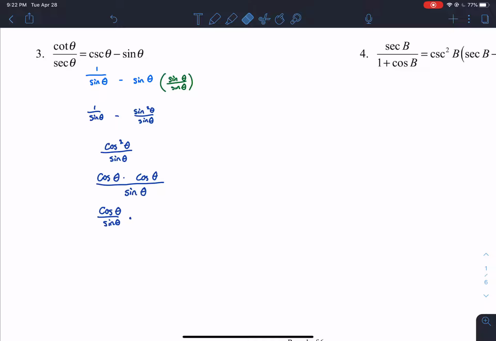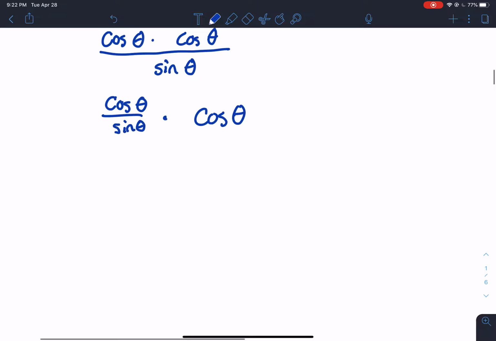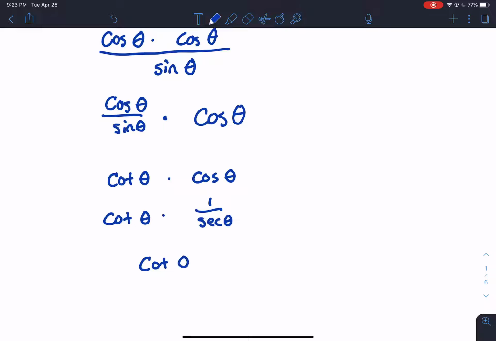You're left with cosine, because you've already used the sine term. Sorry. So cosine over sine becomes cotangent, and then you have cotangent times cosine. Now, you need secant there in the bottom. So what is cosine the same thing as? That's the same thing as 1 over secant. Now, if you put these together, you get cotangent over secant.